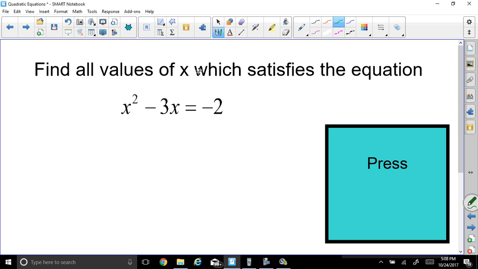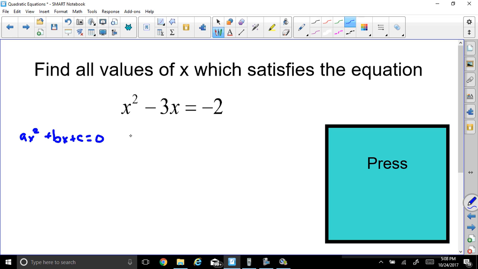Find all the values of x which satisfy the equation. So we have x squared minus 3x equals negative 2. We have to get this equation into what's called standard form. Standard form is ax squared plus bx plus c equals 0.